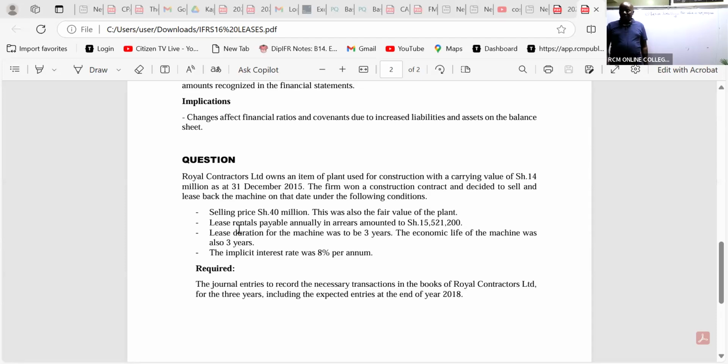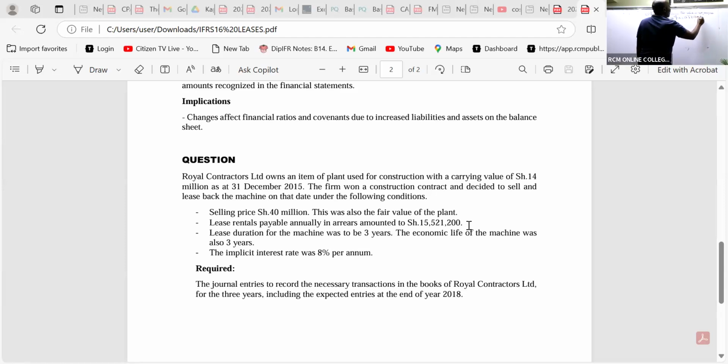And then you can see lease rentals are payable in arrears. So the concept of multiplying with 1 plus R will not apply here because this is paid in arrears. In this case, the lease rental per annum is 15,521,200.